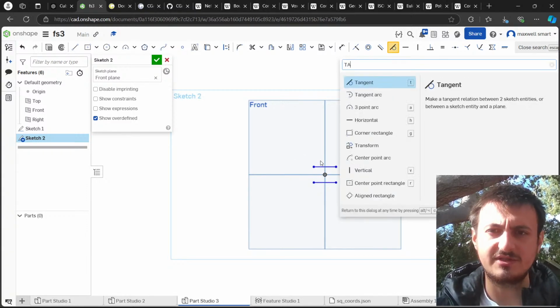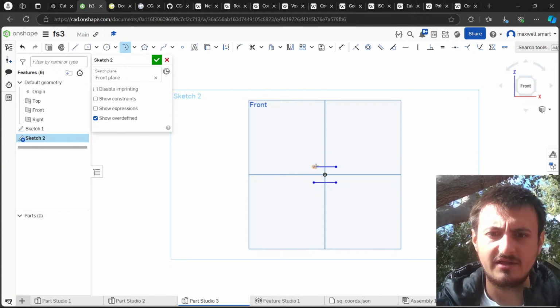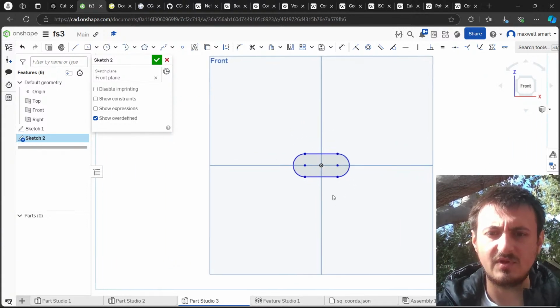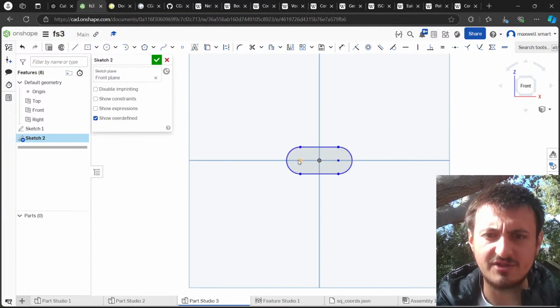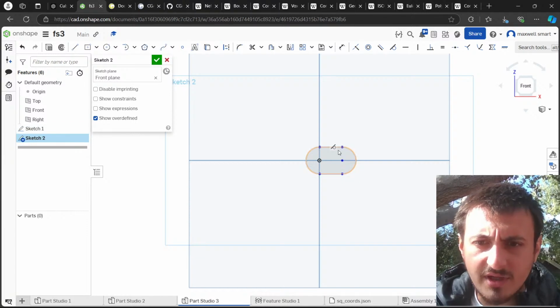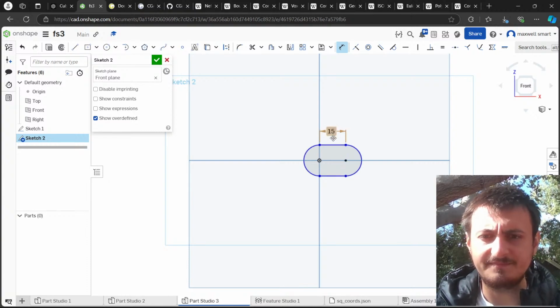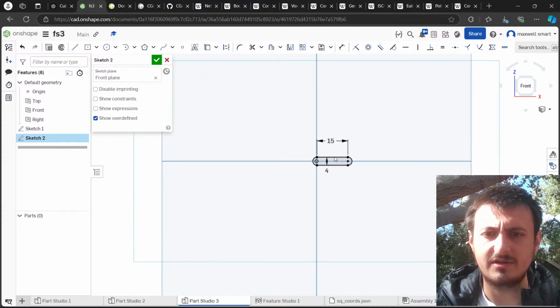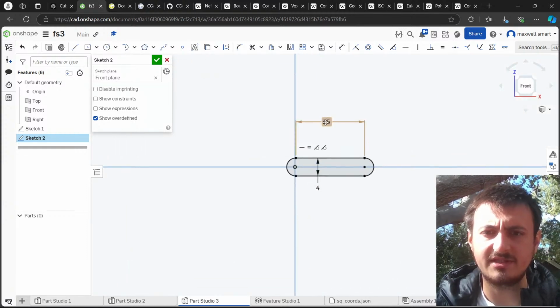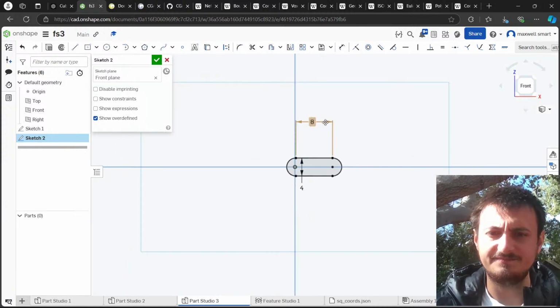Now we just want a tangent arc, and then a tangent arc. Okay, now we're all locked in. No, we're not, because we need to dimension this thing. Just say it's 15, and let's say this is 4. Okay, so it's nice and thin. Actually, we want to make this maybe like 8.